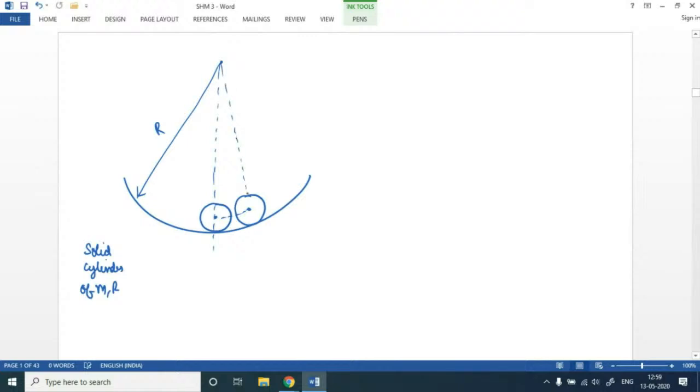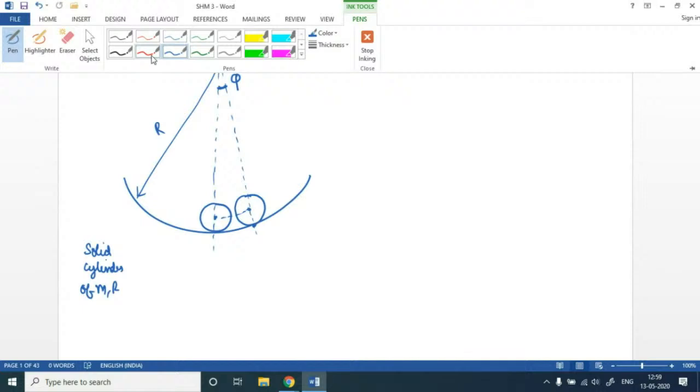We wish to find the time period of oscillation. Let's say this angle here is phi. This cylinder will also be rotating about its own axis because it is rolling. Let's say the angular displacement due to rotation is theta.